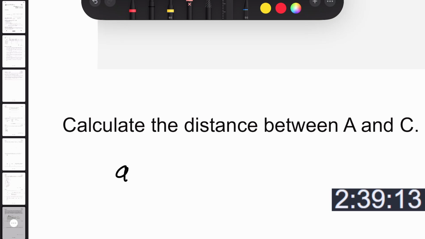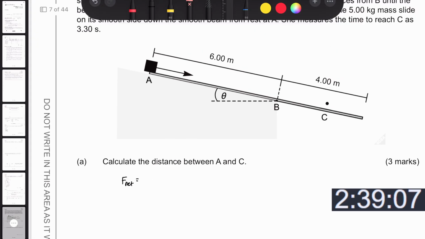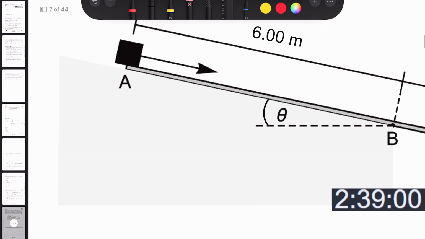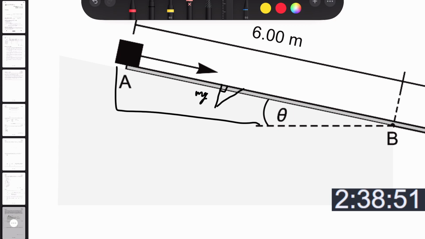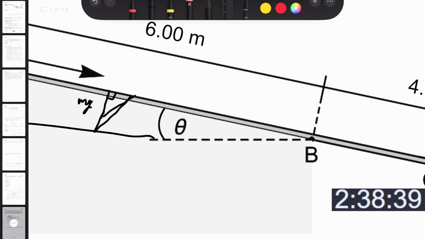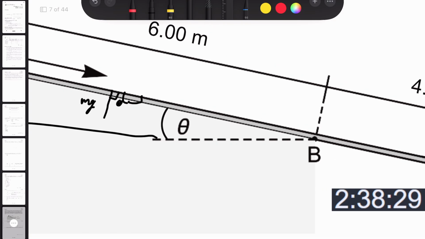So mg sine of theta... what? I do not get these questions. This is theta. This is wrong.